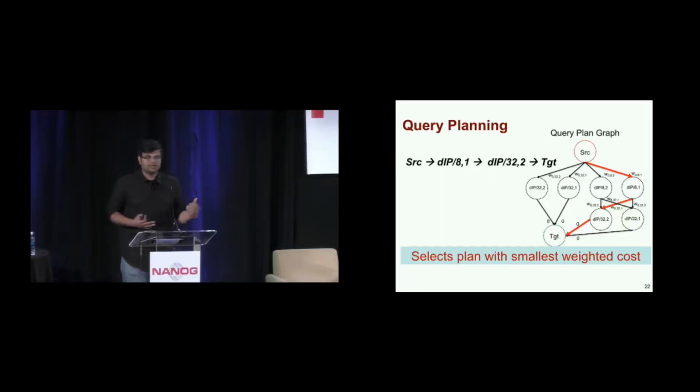That's a normalized combination of these two different cost metrics, and it is tunable: whatever is more important to you, if the data plane resources are more scarce, you can tune the normalized parameter accordingly. But the sum of weighted cost should be minimum, and that's how we select the query plan. In this example, I'm selecting /8 and then going to /32. Notice that when I'm using /8, I'm executing everything in the data plane, and for /32, after applying all those filters, it makes sense to execute the query in the stream processor itself.